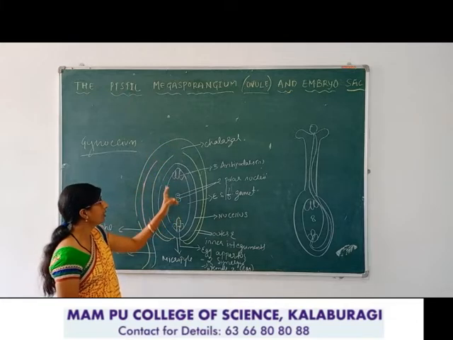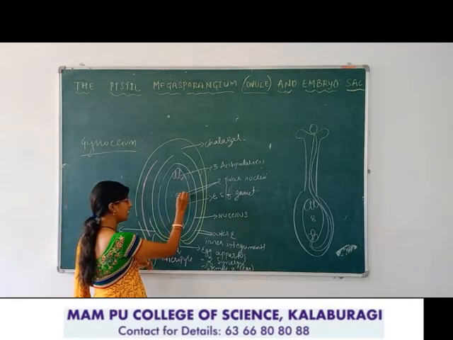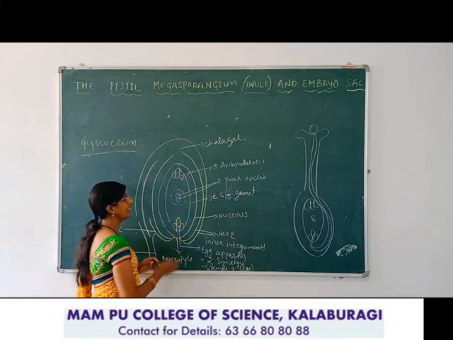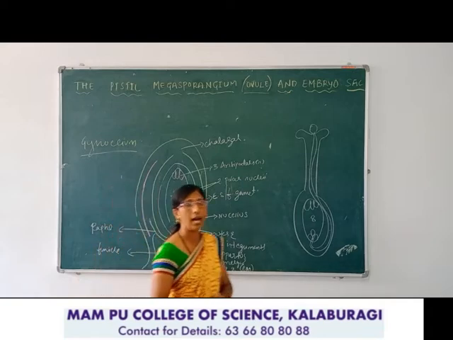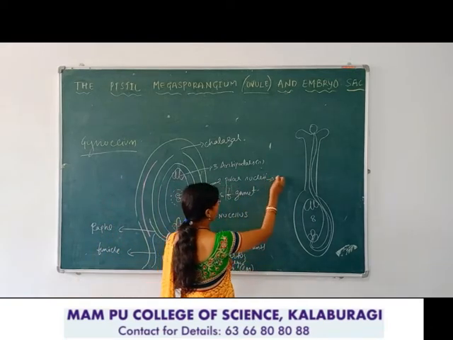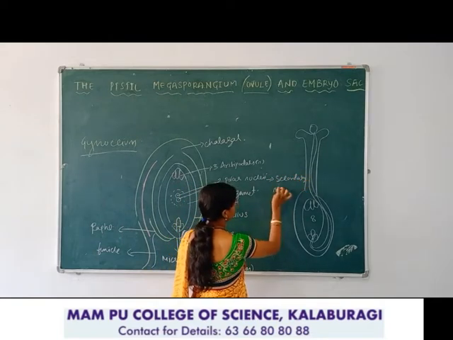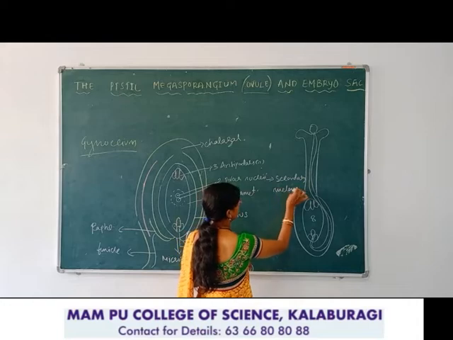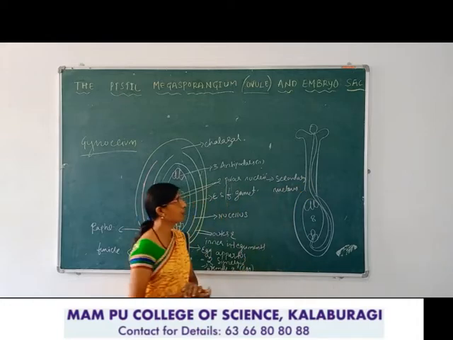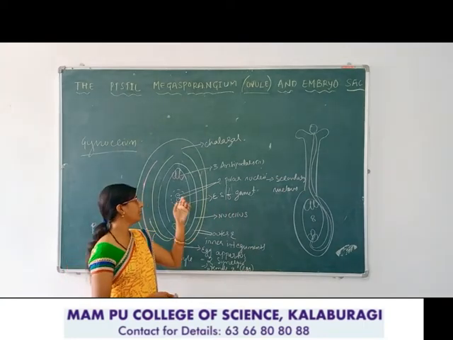The next, this main center contains the 2 polar nuclei, so that is called the central cell. This central cell contains the 2 polar nuclei, which fuse to form the secondary nucleus.